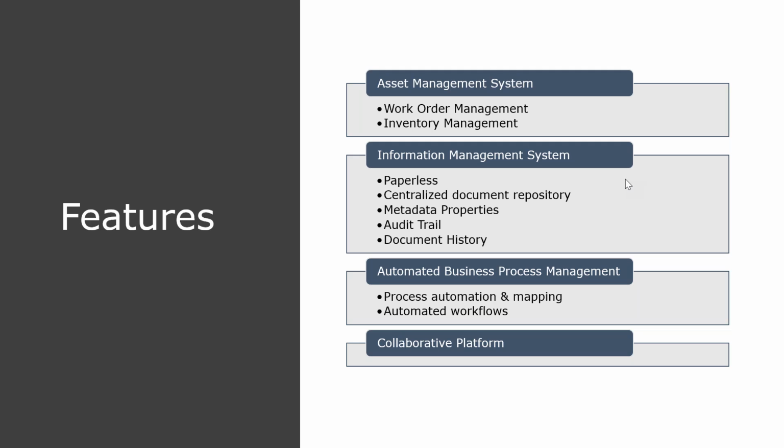It stores and manages your documents based on metadata properties. It has audit trail and also document history. Aside from that, in terms of automated business process management, it helps to process your automation and mapping, and also automates your workflow. Not only that, an asset information management solution is also known to provide you with a collaborative platform.